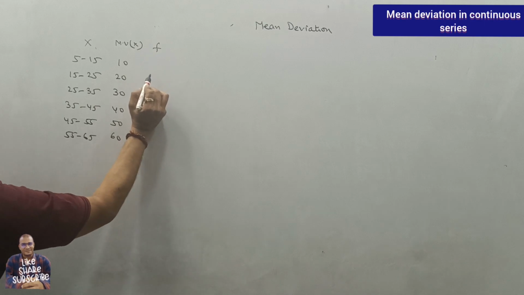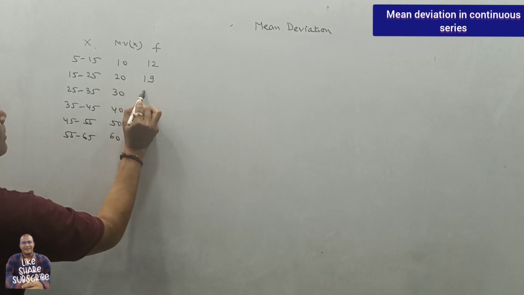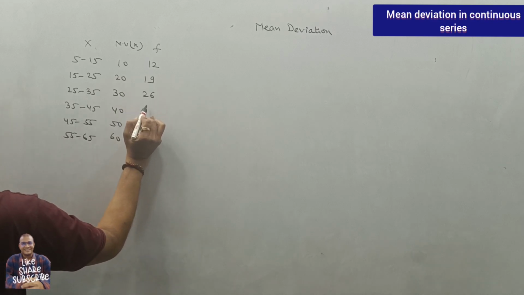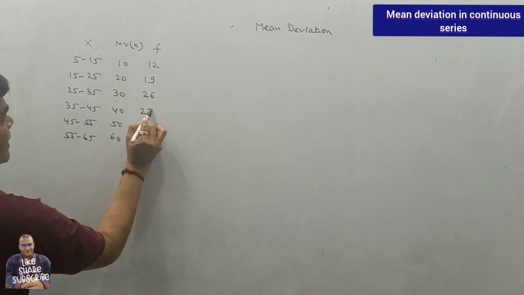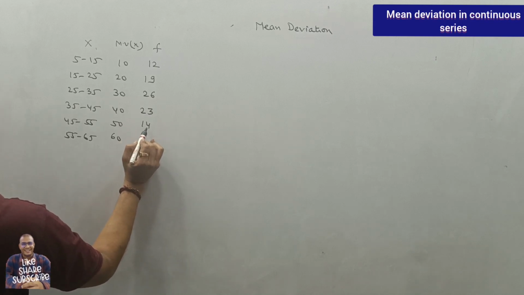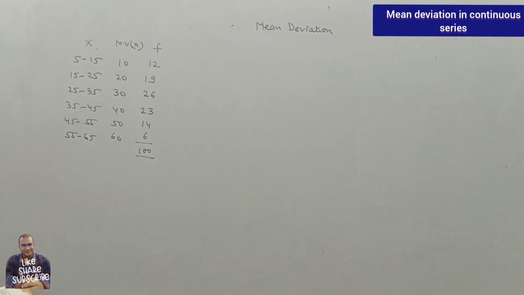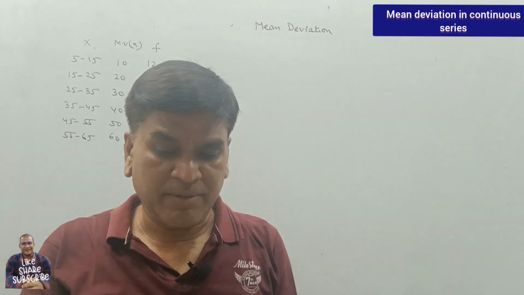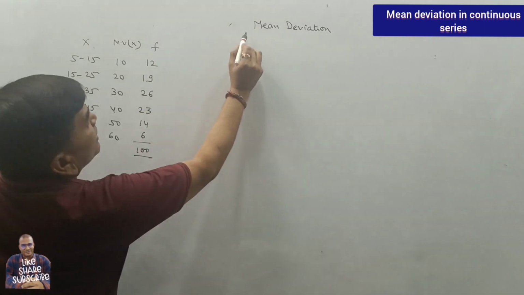Frequencies given are 12, 19, 26, 23, 14 and 6. The total is 100. We are to calculate mean deviation with the help of arithmetic mean, mode, and median. So the very first we are using mode.